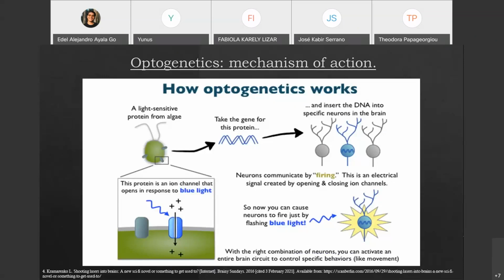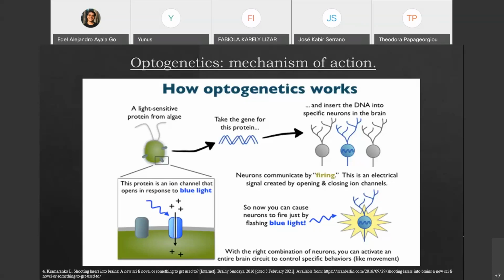Then the gene for this protein is put in a viral vector, which is then inserted in specific neurons in the brain. And these neurons start expressing this protein in their membranes. So then, once blue light hits those neurons that express this protein, they can generate action potentials.